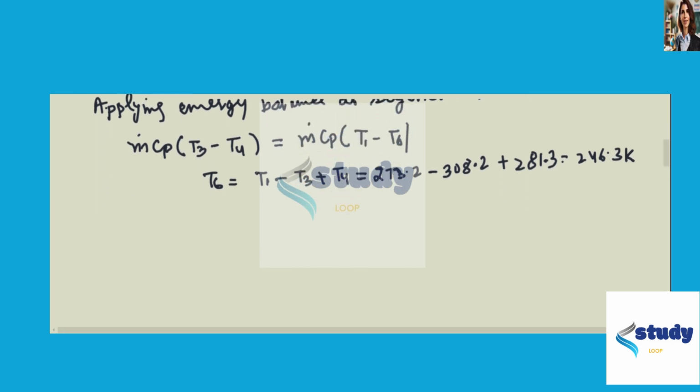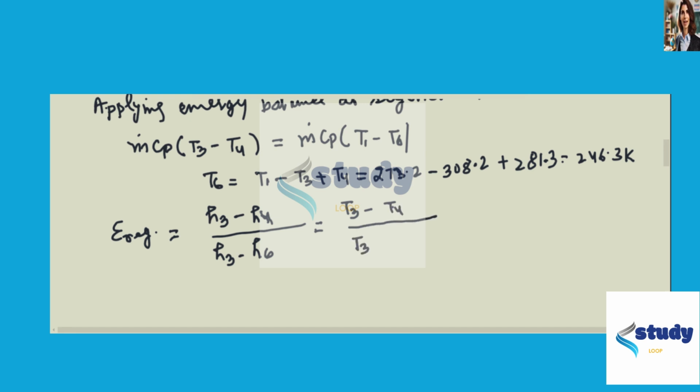So effectiveness of a regenerator can be defined as H3 minus H4 upon H3 minus H6, that is, in terms of temperature you may write T3 minus T4 divided by T3 minus T6.